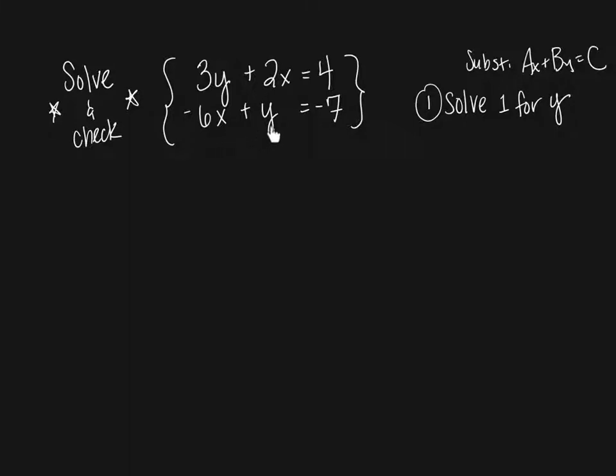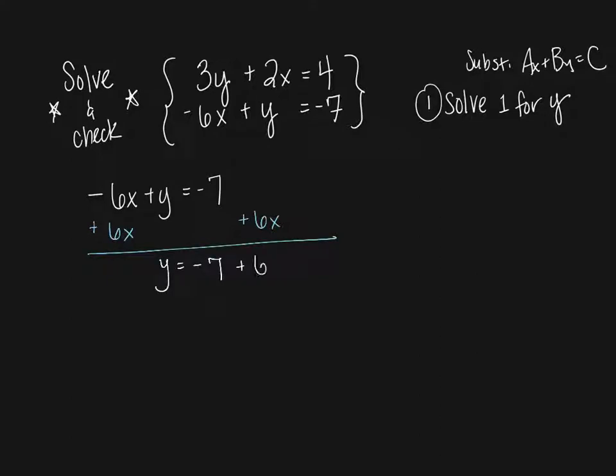If I come down here and I solve this one for y, all I have to do is move my x over here. Okay, I'm going to choose my second equation because I have just this coefficient of 1, so it's going to be really easy. So let's move my 6x over to this side of my equation, and what I'm left with is y equals negative 7 plus 6x. Okay, this is pretty easy to work with.